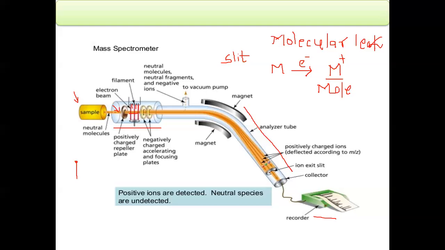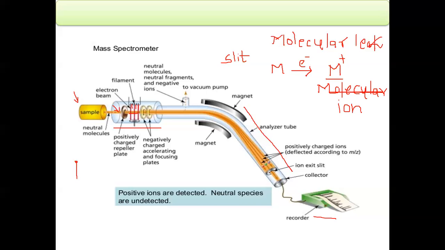Now, depending on its stability, either it will be accelerated directly towards the analyzer chamber, or it may undergo fragmentation in the ionization chamber itself.